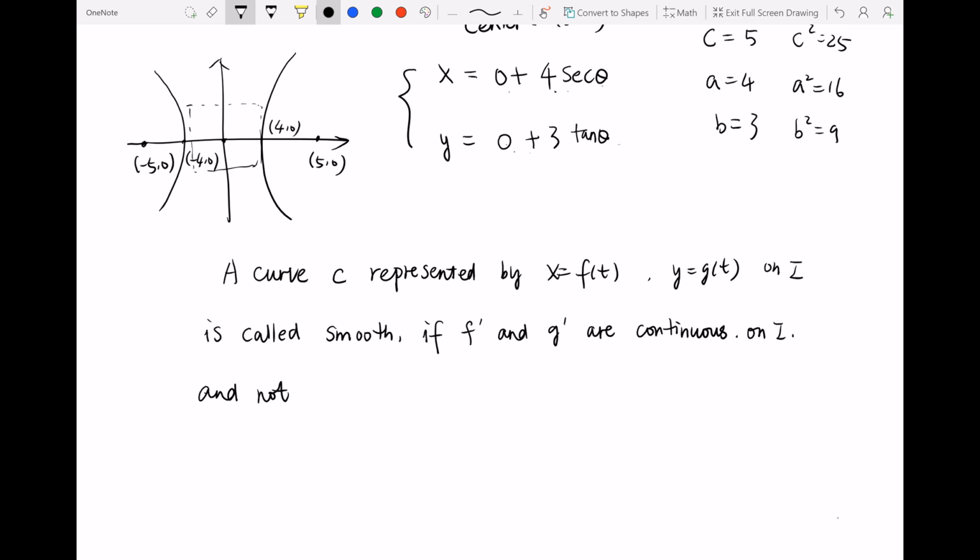not simultaneously zero. So if f prime and g prime are both 0, but not simultaneously going to 0, except possibly at the endpoint, because at the endpoint, okay, it does not matter too much.